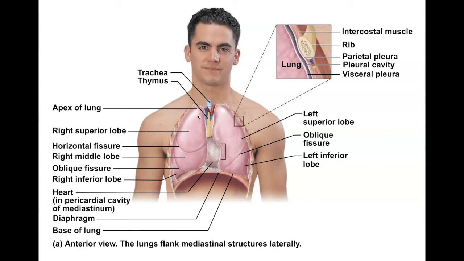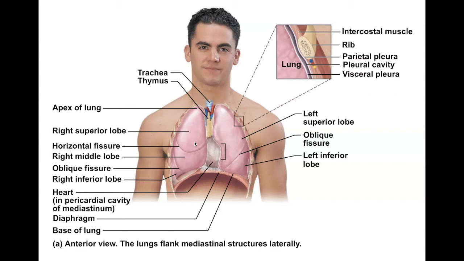They're more like a spongy material in the sense that they're filled with all these little sacs that are known as alveoli. And in between those sacs, it's actually a firmish tissue.